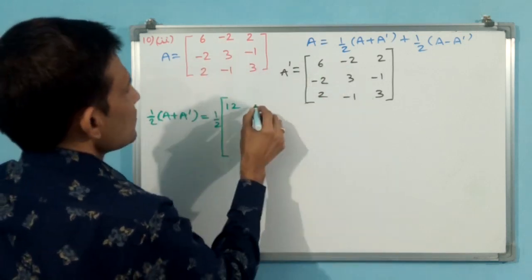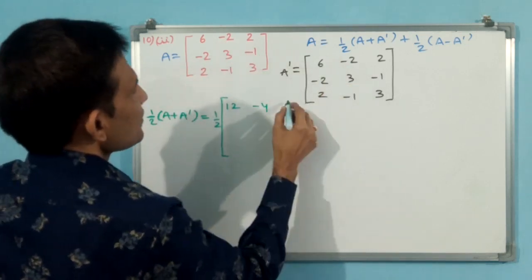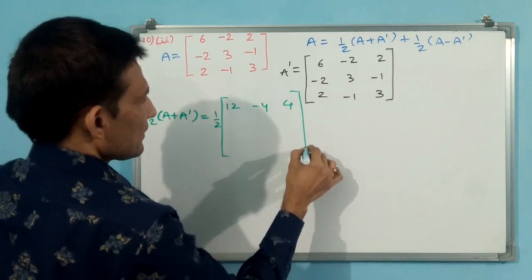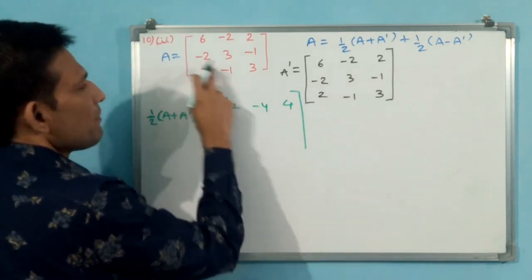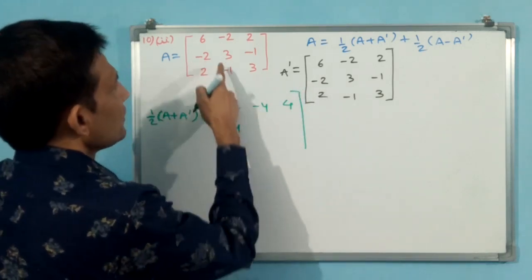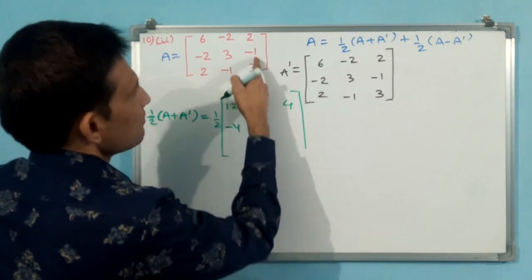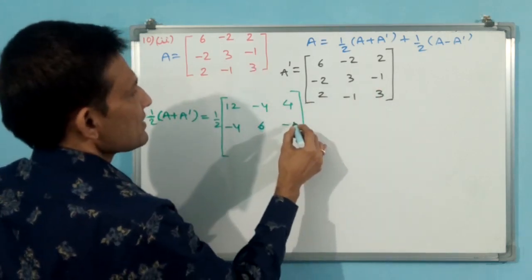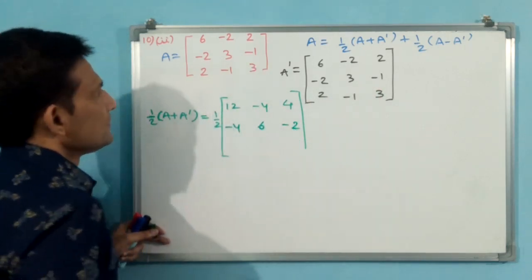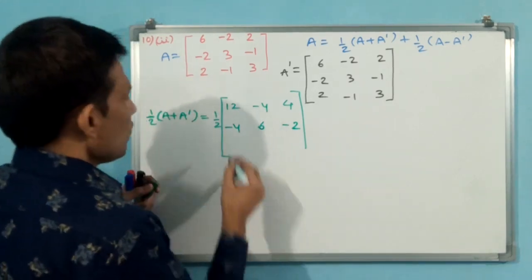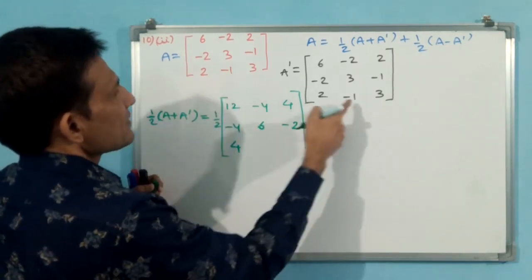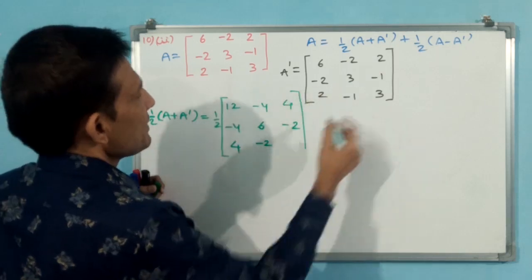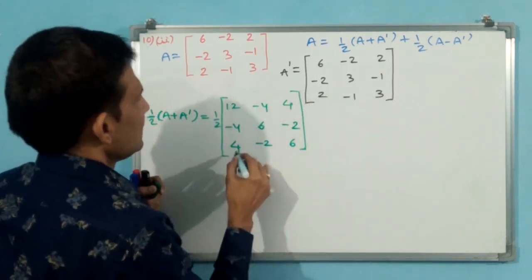Minus 2, minus 4. 2 plus 2, 4. Minus 2, minus 4. 3 plus 3, 6. Minus 1, minus 2. 2 plus 2, 4. Minus 1, minus 2. 3 plus 3, 6.